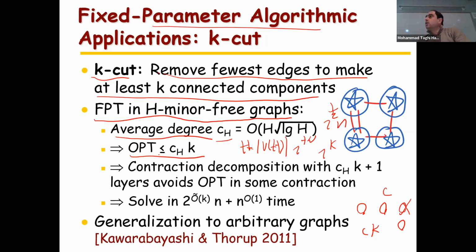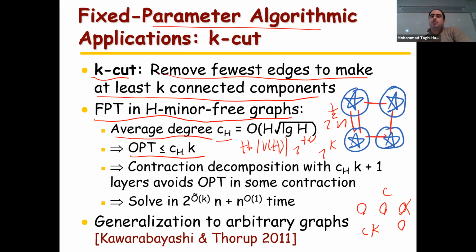Good. So in H-minor free graphs, if there is a K-cut, what is the idea for a fixed parameter algorithm? We want to say that if there is a K-cut in the graph, I want to find it in fixed parameter time in K. Because the average degree of this H-minor free graph is at most constant, the optimum would be at most C_H times K for an H-minor free graph. Why?